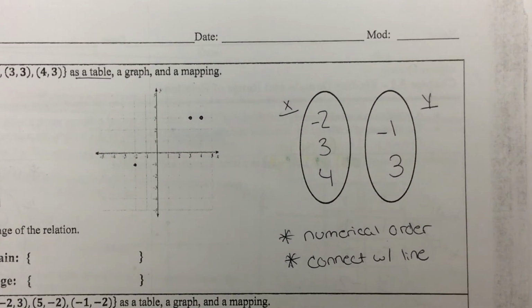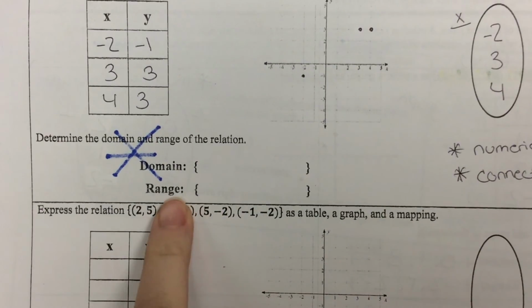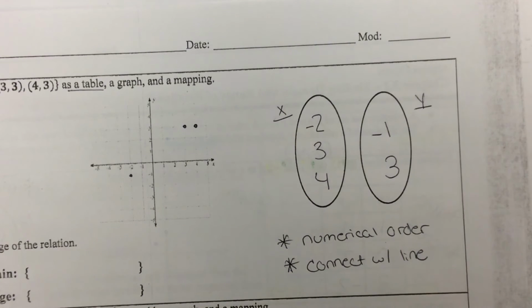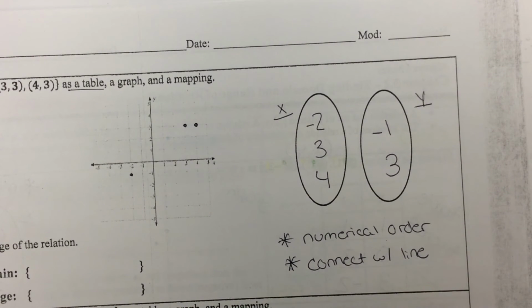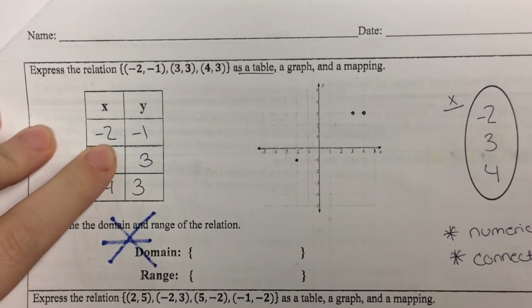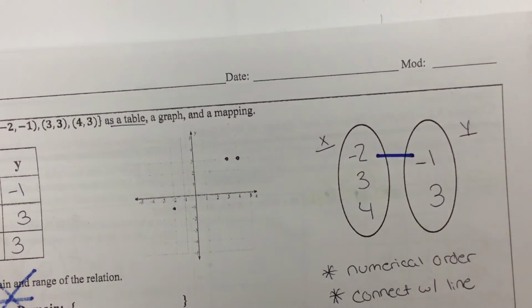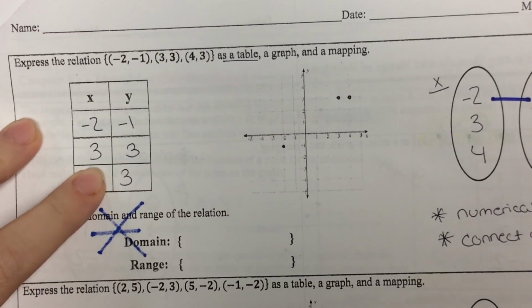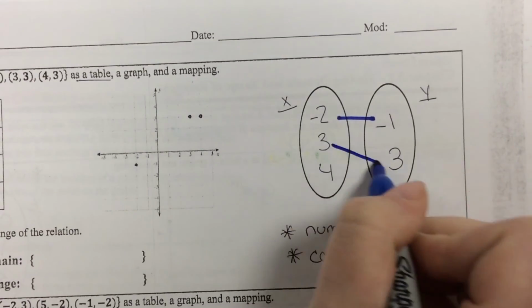Okay, when you have a number twice in your X or your Y, when you get to your mapping diagram and at the bottom when we write the domain and range, you only need to write it once. So what that means when you connect with a line is you're going to have two lines that go to 3. All right, now we have -2 with -1, draw a line between those. We have 3 and 3, and we have 4 and 3.